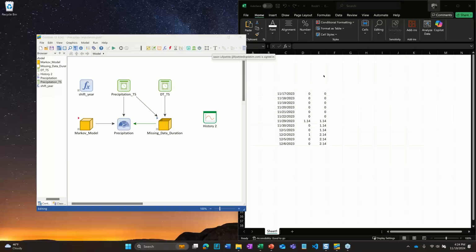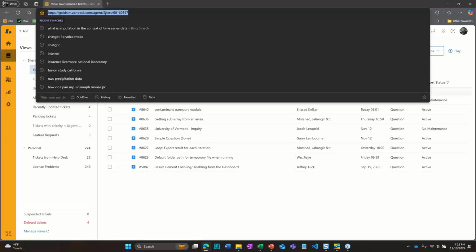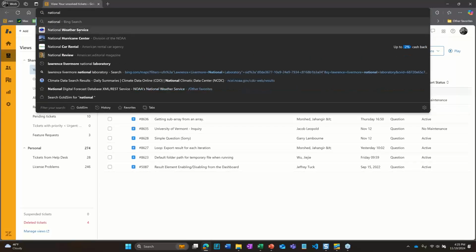Okay, so somebody asked if I was talking about SILO or Long Paddock, and I don't know exactly what you mean by that. Those must be data repositories? The one I'm talking about is called National Weather Service. Oh, here we go.